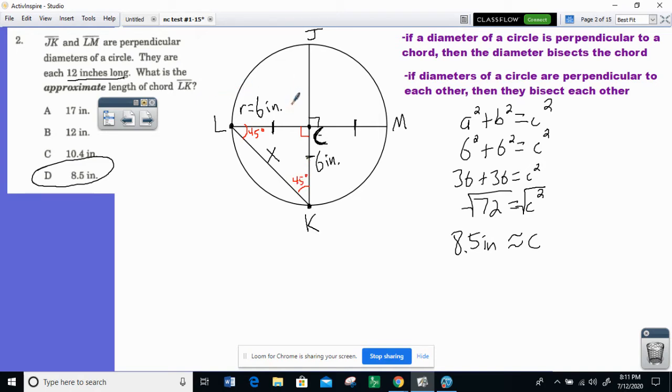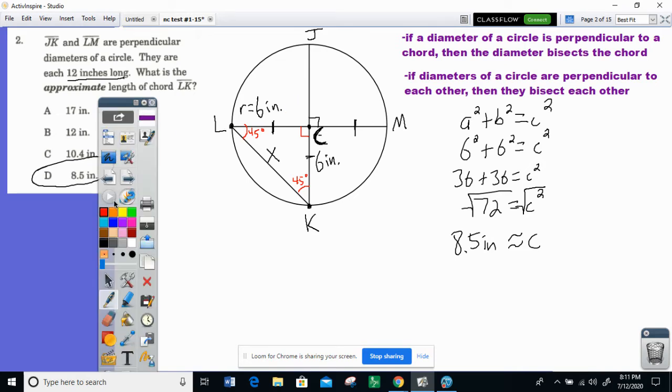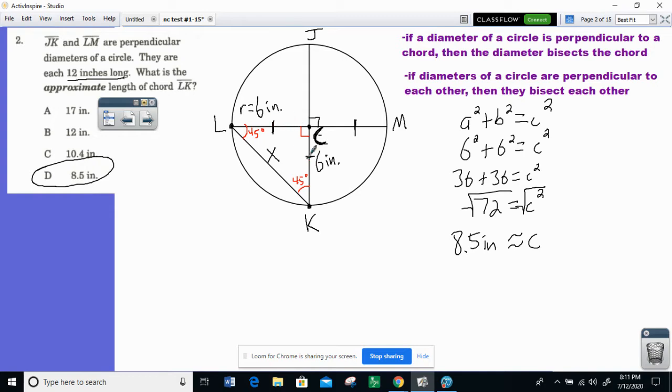In a 45, 45, 90 triangle, you know that this side and this side, the legs, are exactly the same. Since those are legs, I'm going to label those with L. If these are L and L, then this length right here, LK, is the length of the leg times the square root of 2.